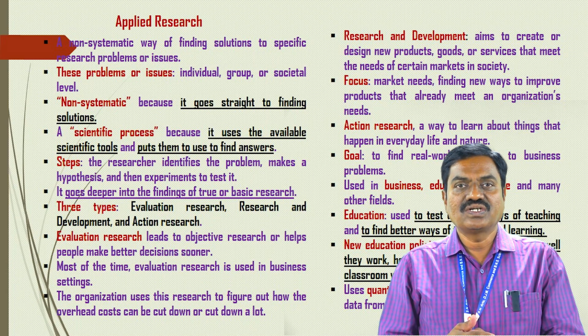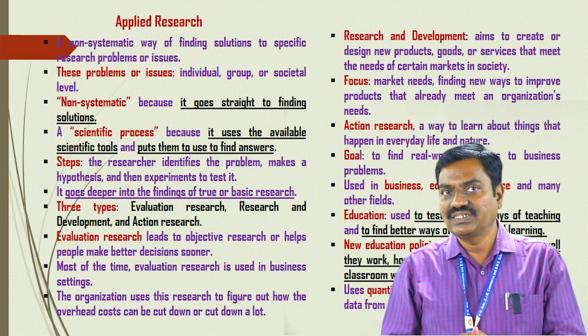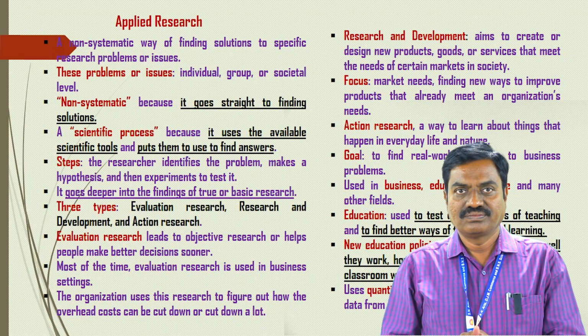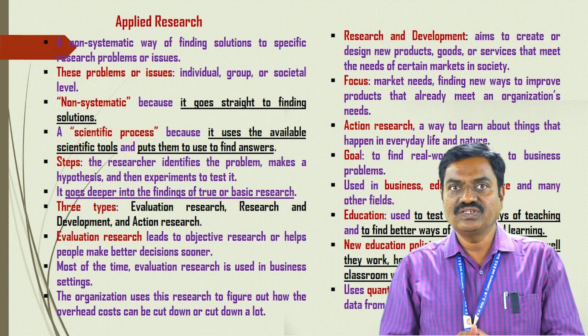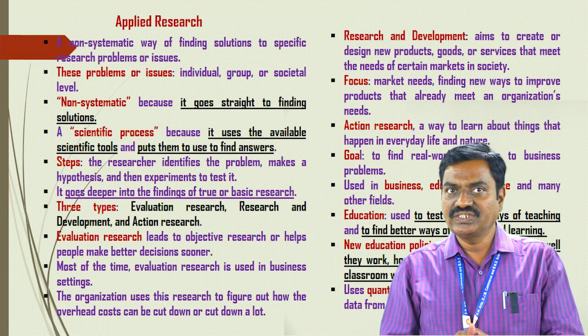Applied research goes deeper into the findings of true or basic research. It has 3 types. First is evaluation, then research and development, and the third type of applied research is action research.